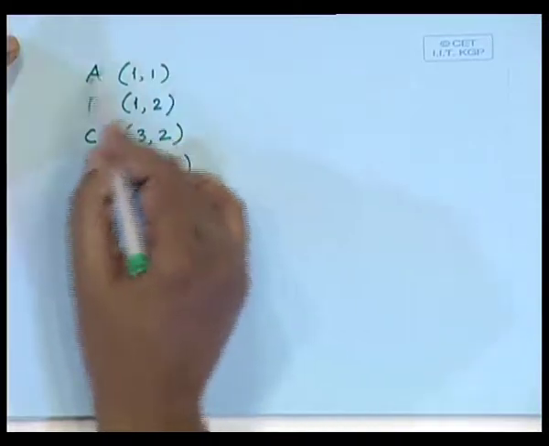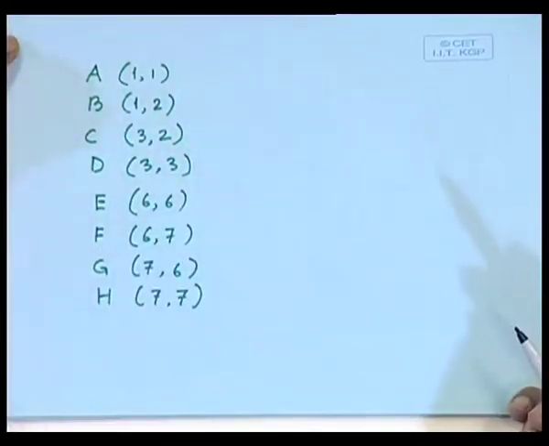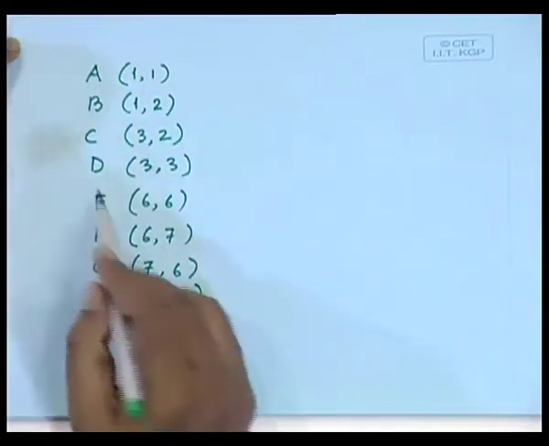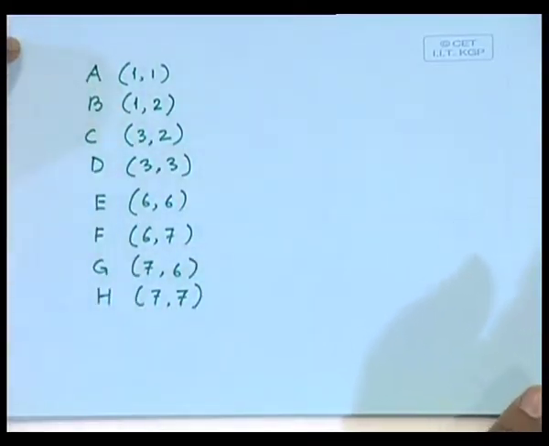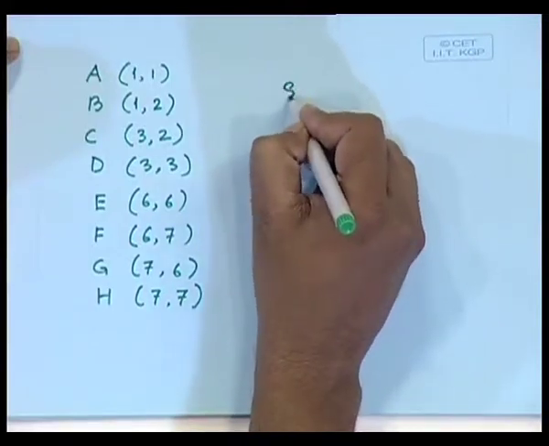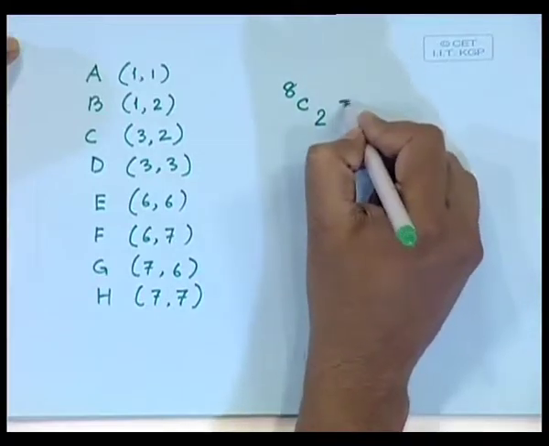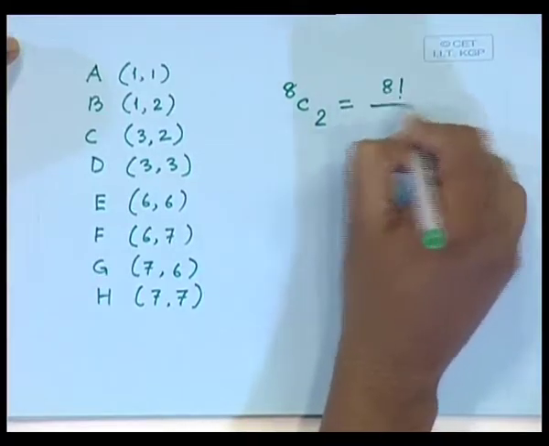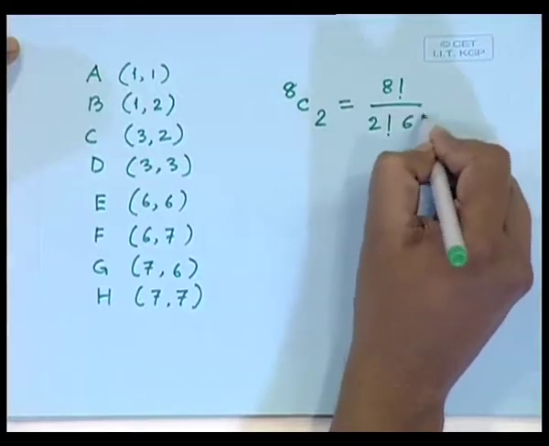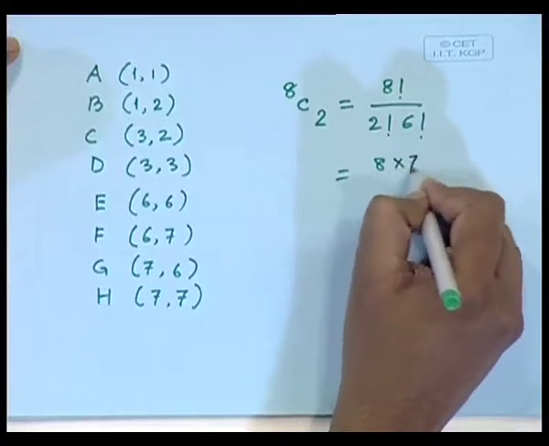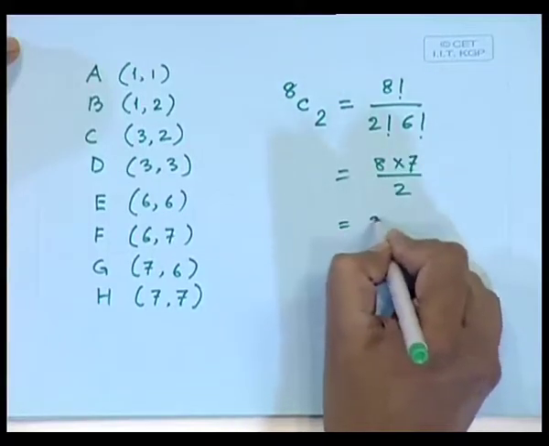And as I said, when I represent these feature vectors by a weighted completely connected graph, then obviously I will have 8 nodes, and the number of edges, because the graph is completely connected, is nothing but 8 C 2, which you can compute as factorial 8 upon factorial 2 into factorial 6, which is 8 into 7 by 2, that is equal to 28.